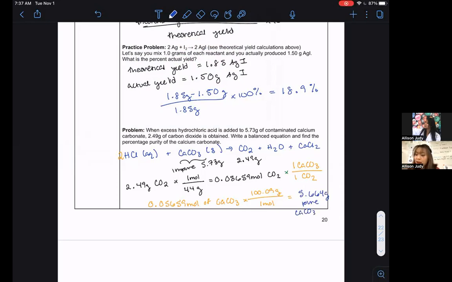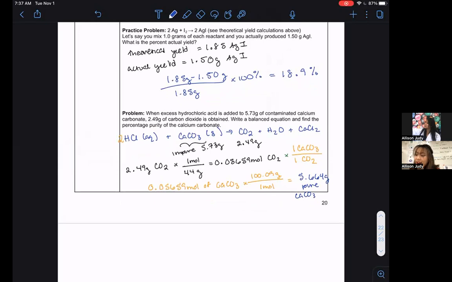So going back to my actual question, well, what was the percent purity of the calcium carbonate? So working backwards from the product amount, I was able to find the theoretical amount of calcium carbonate I needed to react.